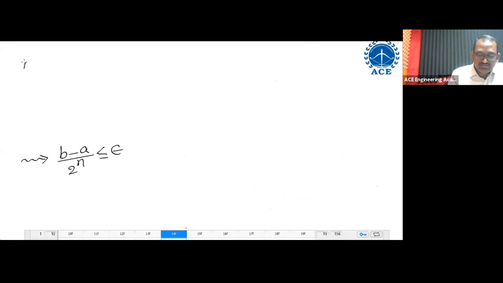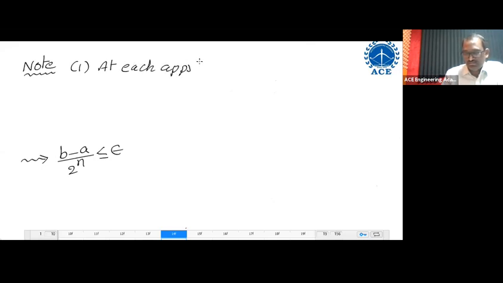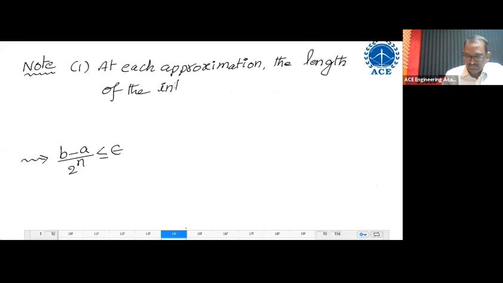I will write it like this: at each approximation, the length of the interval is reduced by half of its previous interval.